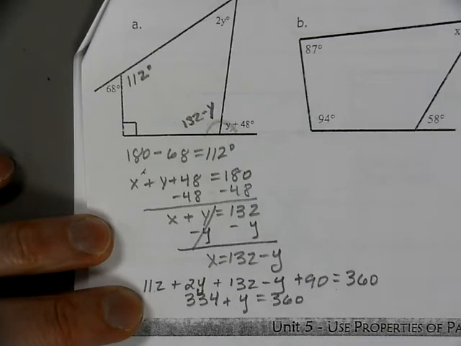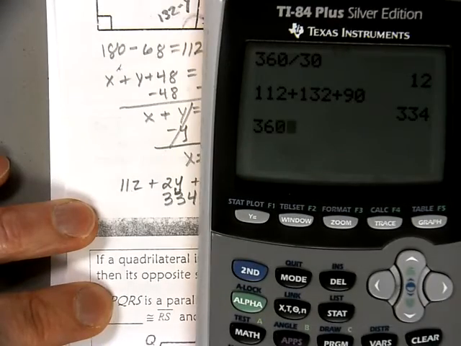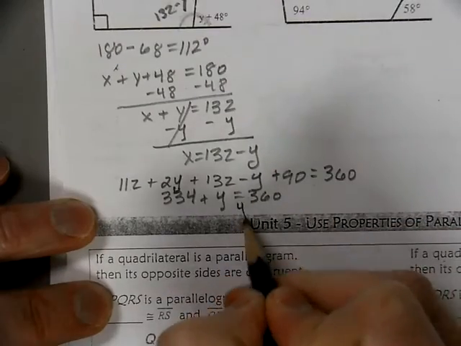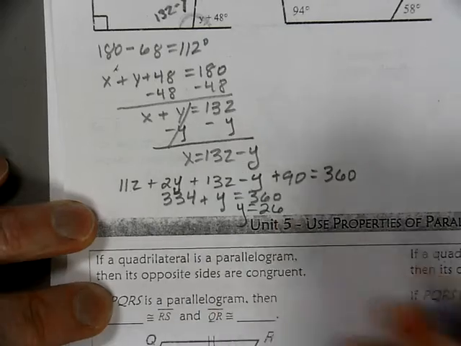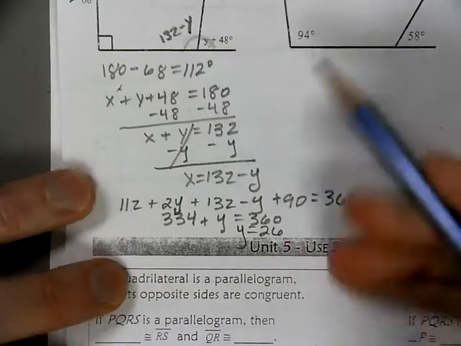So then we're going to subtract the 334 from 360. That gives us 26. So our 26 is here.